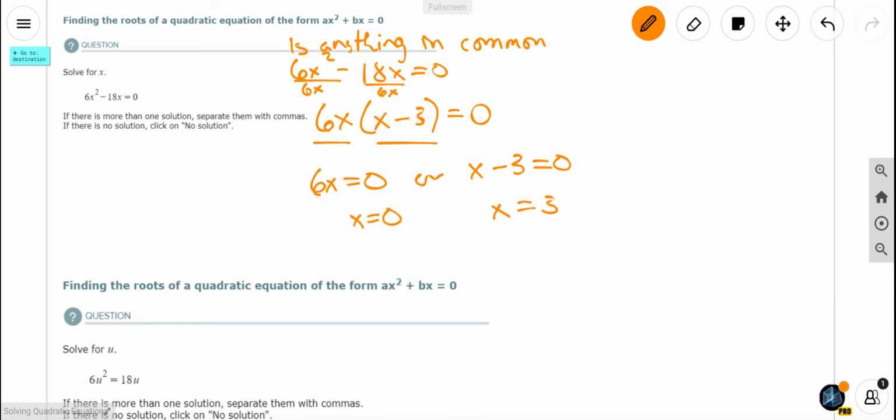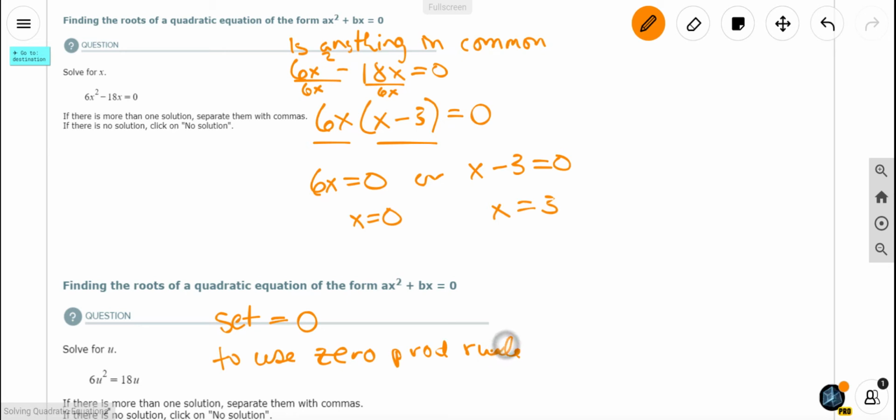Let's do another one. Look down here. This one, they put the 18u on the other side. It's exactly the same problem, but notice where they put the 18. You have to set it equal to 0 to use the zero product rule.